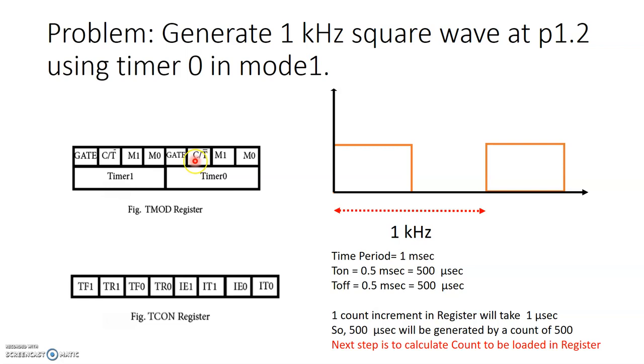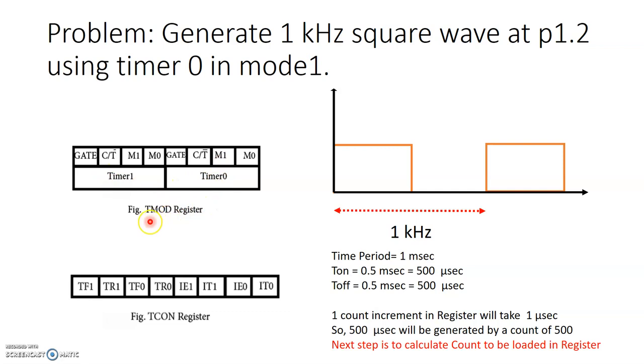While here we should put 0 to get operation in timer mode. If it were 1, then the timer would be operating in counter mode. So we need to put it 0. The gate bit should be 0, because we are not interested in using external hardware interrupts, while the rest of the bits need to be 0 because we aren't using timer 1.